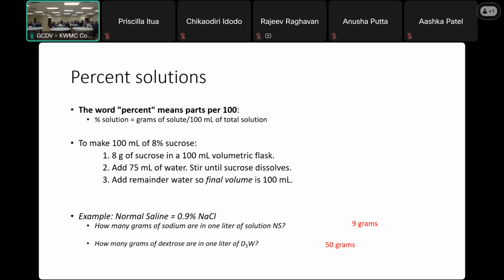Another common misconception: people give D5 water to keep their sugar or nutrition value up. It's fine, it's better than nothing, but 200 calories is really not a whole lot. It's not enough to sustain someone for the whole day, but it gives them a little bit of sugar. So just know it's about 200 calories per liter.